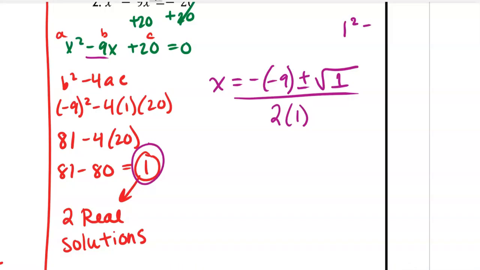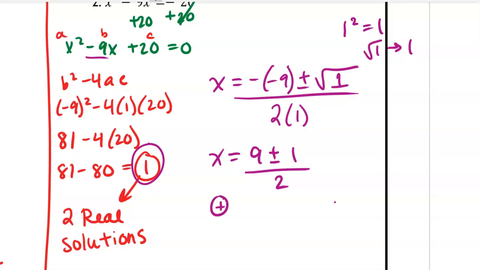Well, 1 squared is just 1, so the square root of 1 is 1. 1 times 1 is 1. All right, so simplifying, we have positive 9 plus or minus 1 all over 2. Now, this might be a comfortable spot to stop because it looks nice and it looks like we might be done, but there is no i here. There is no square root here. These are all regular numbers, so we can go ahead and combine them.